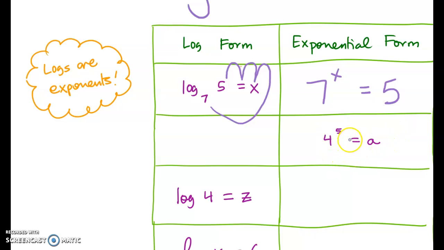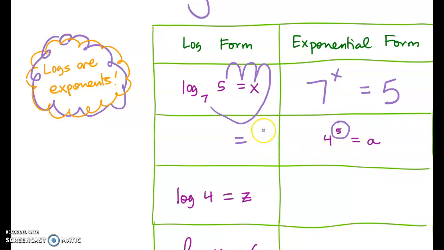Perfect. Now we're given exponential form. And what I like to think about here is, again, because logs are exponents, I know that I'm going to have something that is a log equal to our exponent in our exponential form. So something is equal to 5.